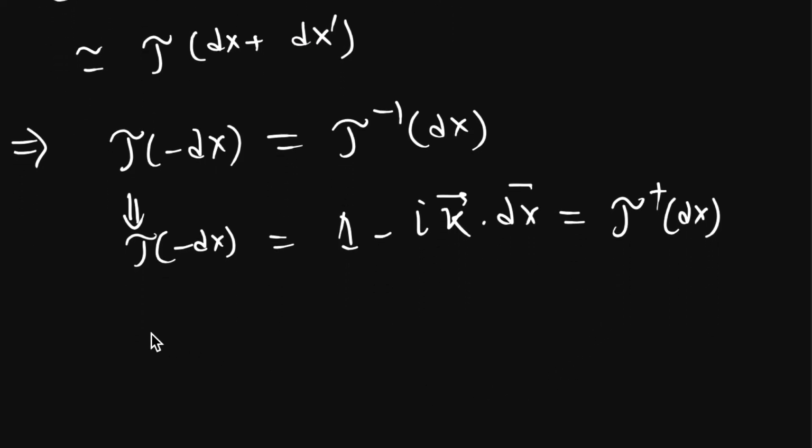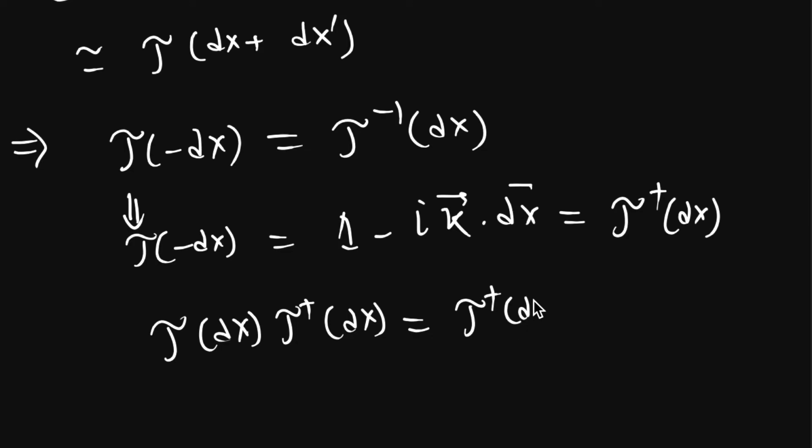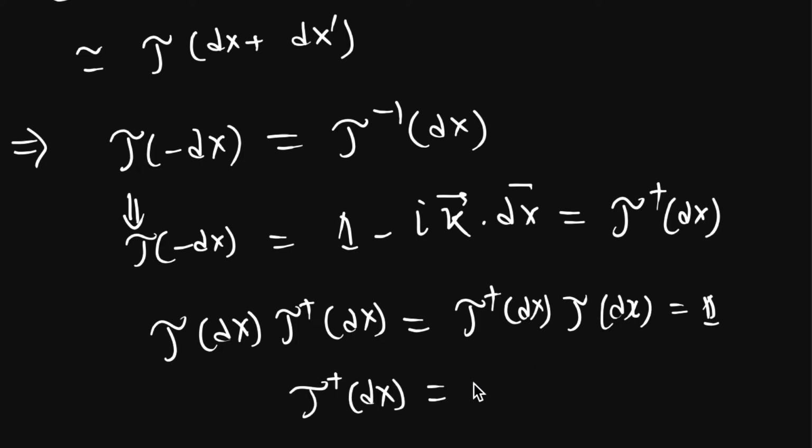Since we know that tau dx into tau dagger dx equals 1, and tau dx is a unitary operator, that means tau dagger dx is the inverse. That means the form that we have taken also follows the third property.